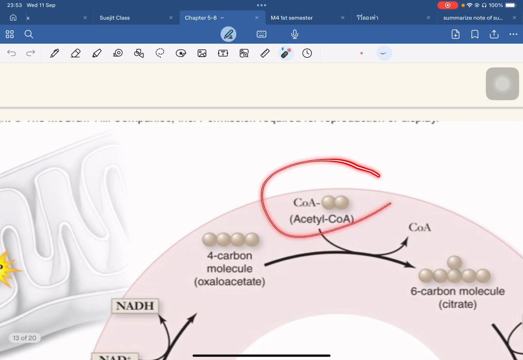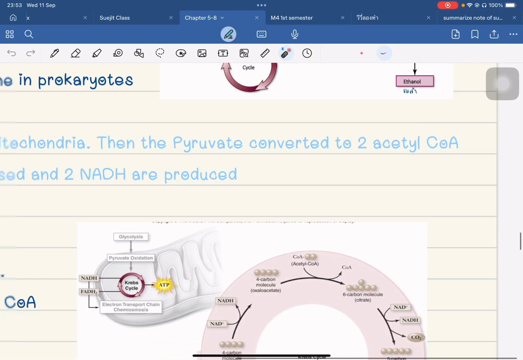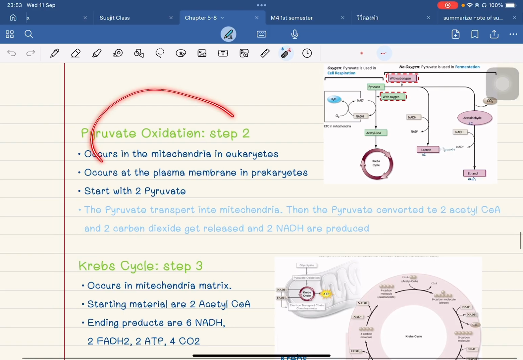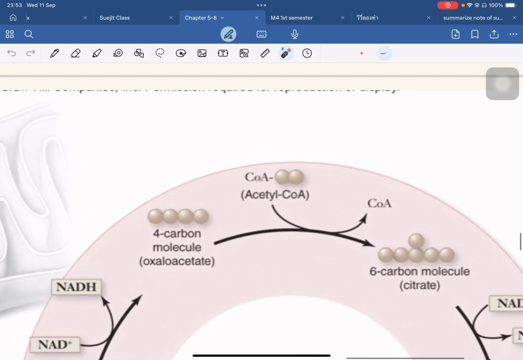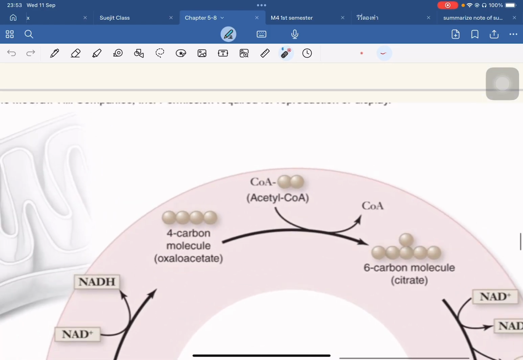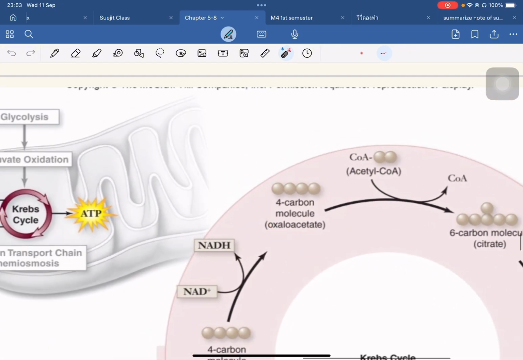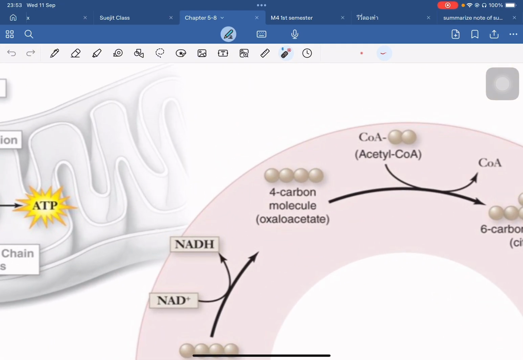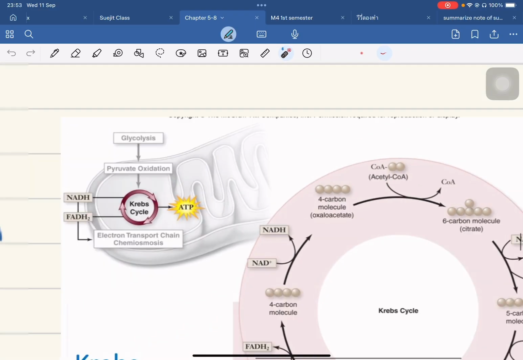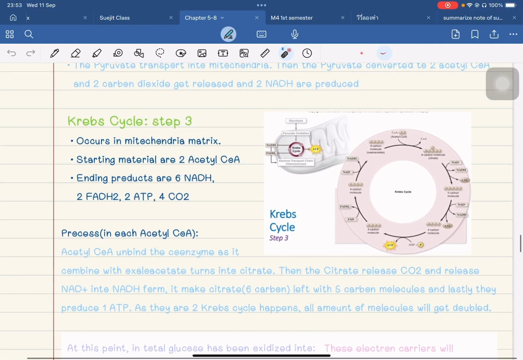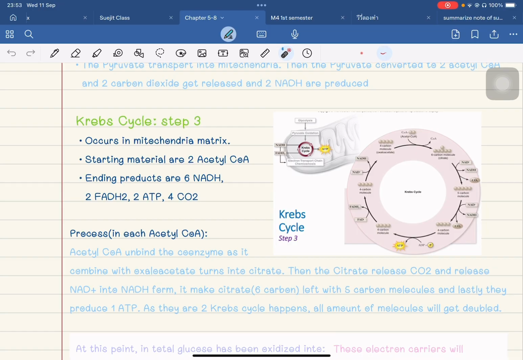Then the acetyl coenzyme A from the pyruvate oxidation binds to the 4-carbon oxaloacetate. After they bind together, the oxaloacetate turns into citrate.